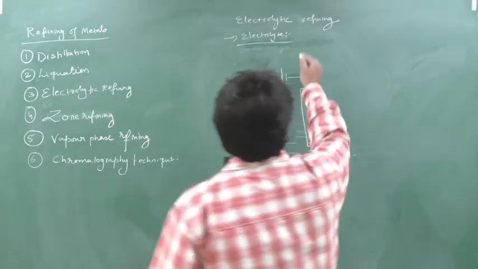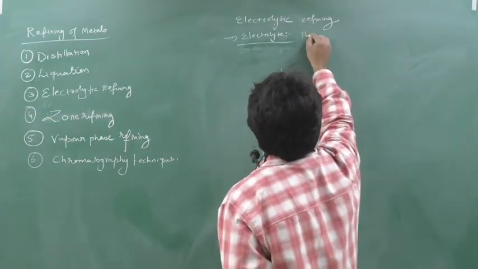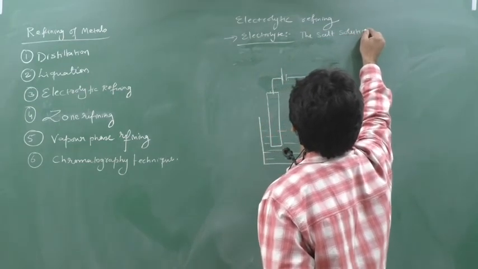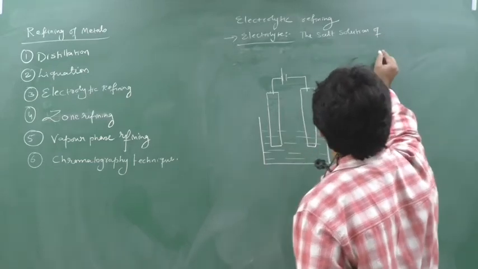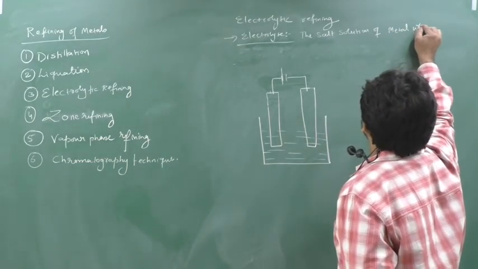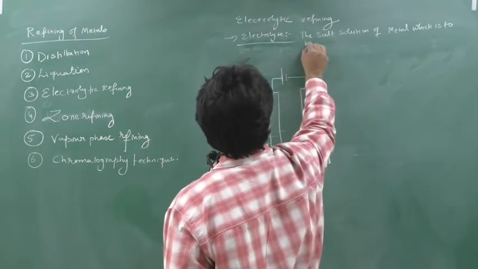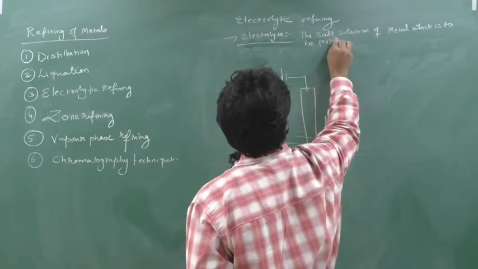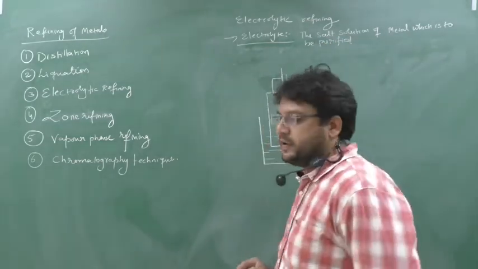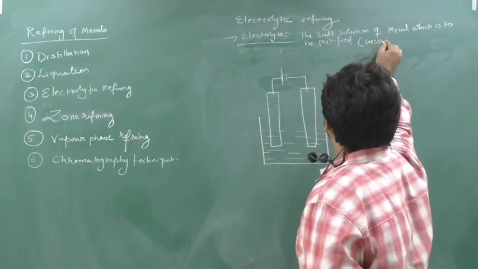The electrolyte must be the salt solution of the metal which is to be purified. Here I want to purify copper metal, so I will take the copper salt solution, say CuSO4.